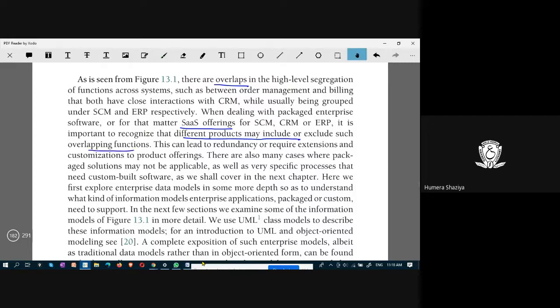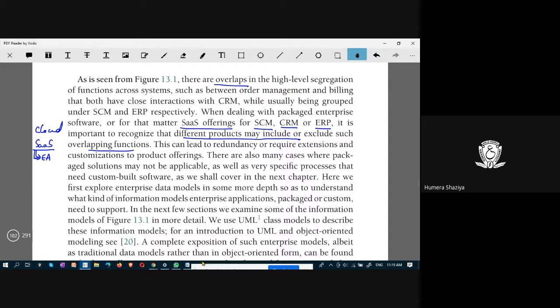Now, when an enterprise makes a decision to move to the cloud for its enterprise applications, let us say it is going for all three: SCM, CRM, and ERP, or any one of them, or two of them. When it is moving into the cloud for these enterprise application needs, the cloud's SaaS offering, software as a service, includes enterprise application services.